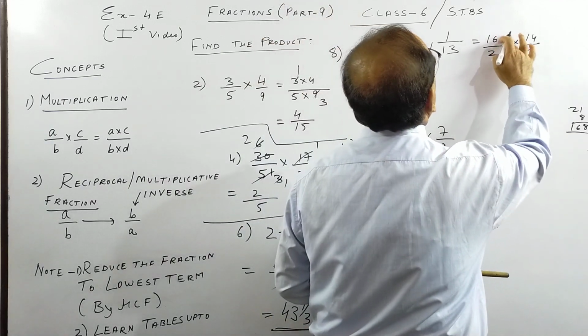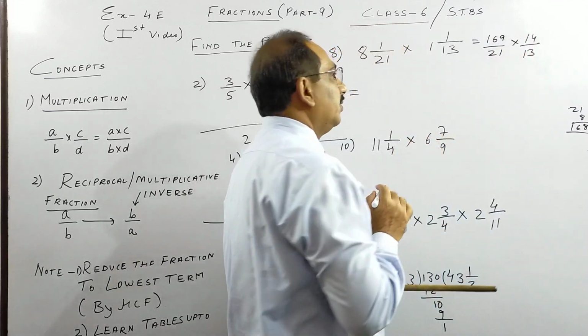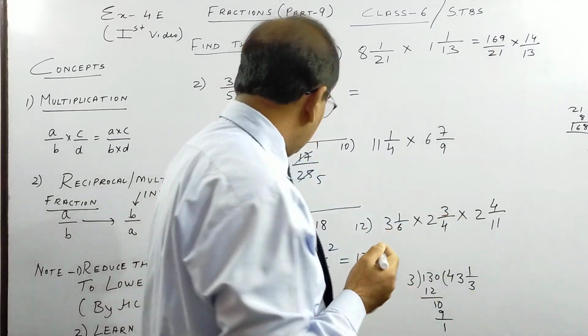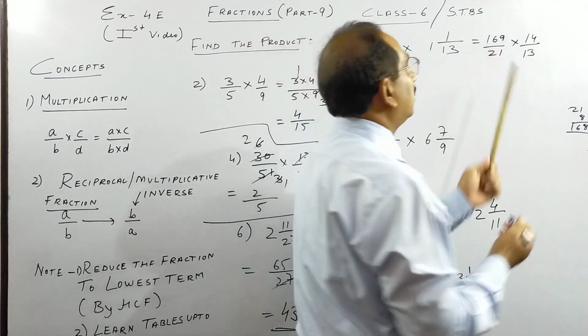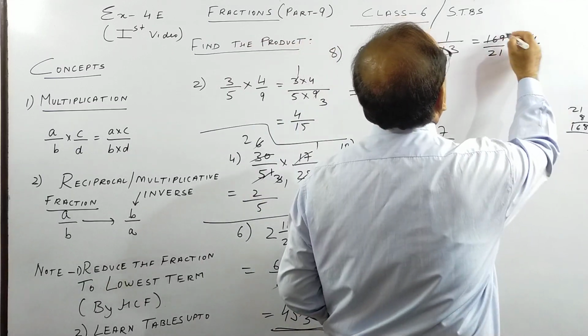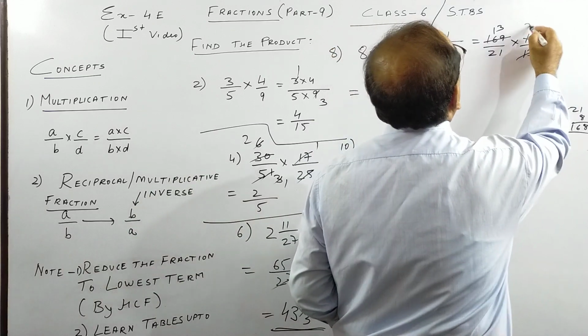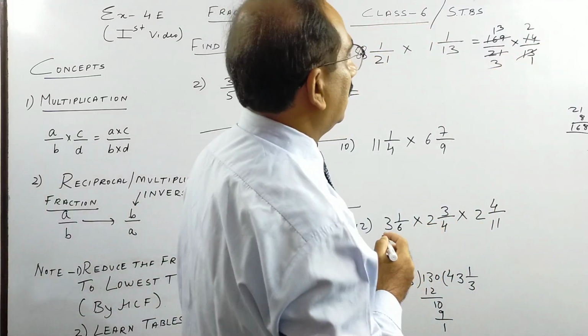So if you see here, 21 eights are 168 plus 1, this will be 169. Now you see a lot of common things we can cancel, by HCF, as I have said. 13 ones are 13, 13 thirteens are 169, 2 sevens are 14 and 7 threes are 21.